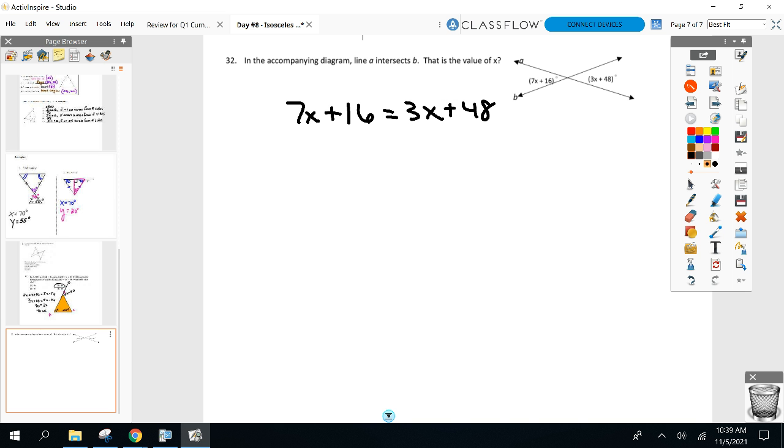Knowing they're vertical, x equals 8. Yep. We're all good. Vertical angles congruent. No issues. All right. I don't want to spend too much time on that.